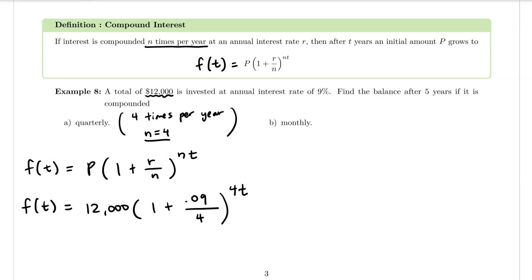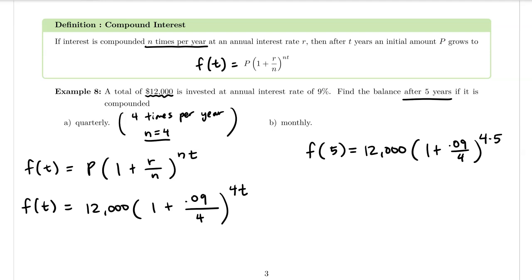So now that I've come up with this general formula, I can use this to evaluate f of 5 because I want to find the balance after 5 years. So by plugging in 5, we have 12,000 times (1 plus 0.09 over 4) to the power of 4 times 5.